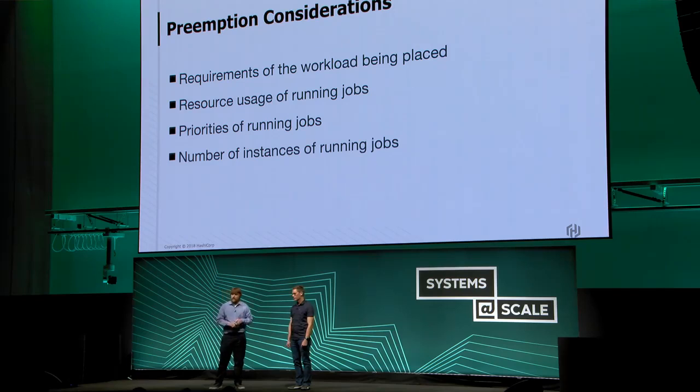But there are some other interesting things to consider, like the number of instances running on a job. Let's say you have a workload that's critical, but still something higher priority is coming in. You don't want to accidentally kill the last instance of that workload if maybe there's a deployment going on concurrently. We want to keep things healthy as best we can.